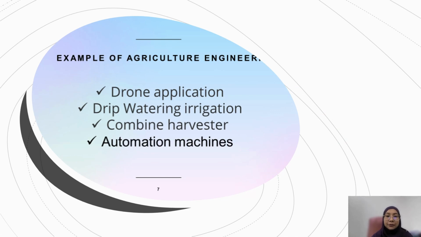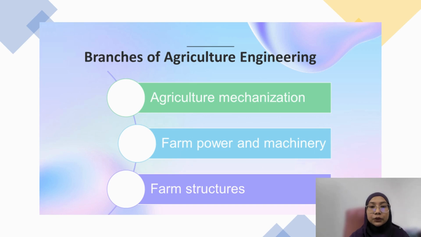There are some examples of agriculture engineering: the use of drone application for applying pesticide, drip water irrigation, the way of water management, the combine harvester, which means 3-in-1 machinery, tractors, and automation machines. The branches of the engineering are agriculture mechanization, farm power and machinery, and farm structure.